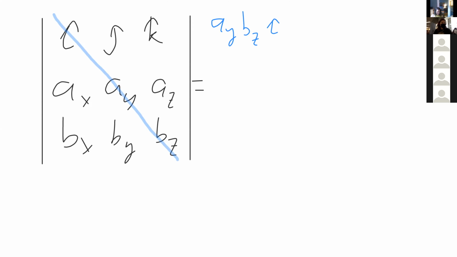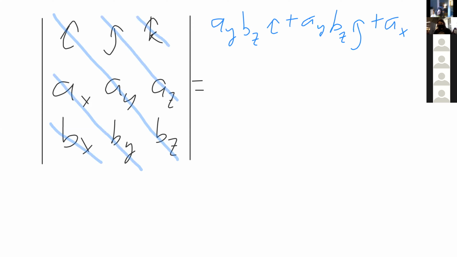And you'll notice that this diagonal kind of clips through the wall here and comes back over on the left-hand side. So it's j hat az bx. Go ahead and add that: az bx j hat. And then we move over to the right one more, and we're going to do k hat times ax times by. So plus ax by k hat.